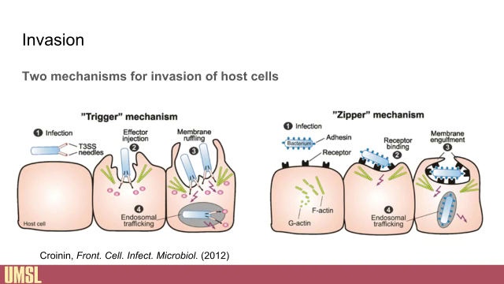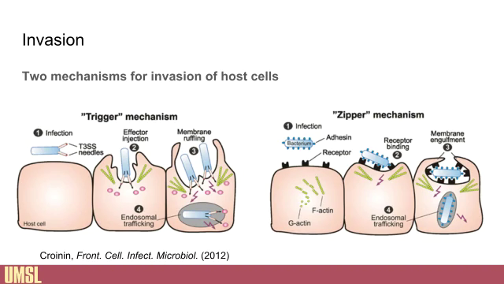These effector proteins are bacterial proteins that get secreted directly into the host cytoplasm and mess with particular host signaling pathways. As we're going to see, a lot of these pathways have to do with actin polymerization as well as microtubule formation. And both of these things are important for endocytosis, right?